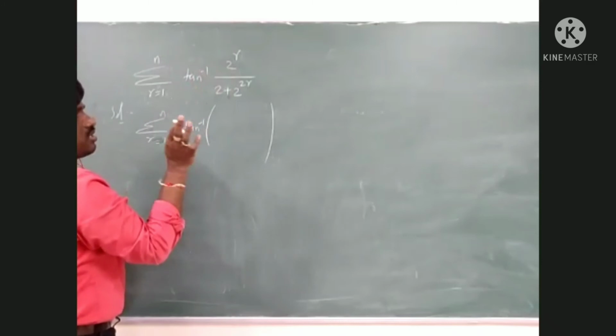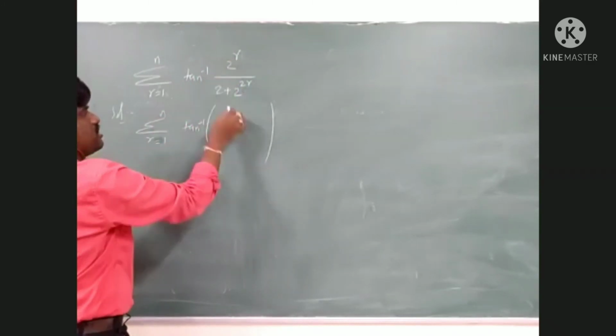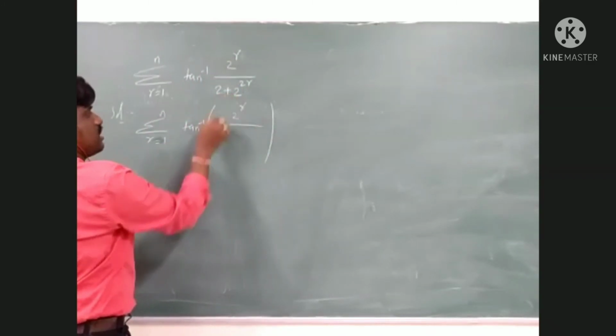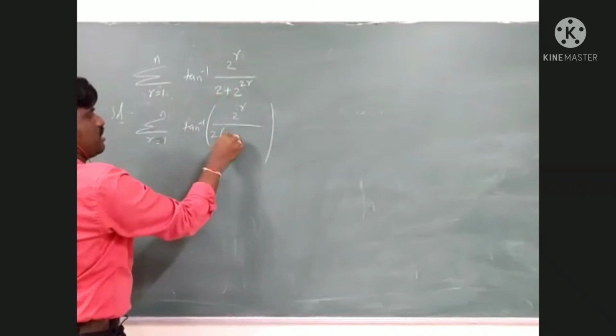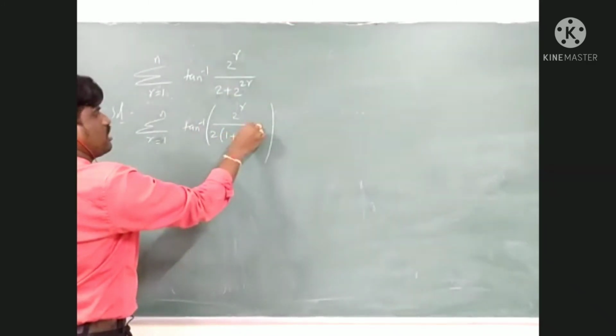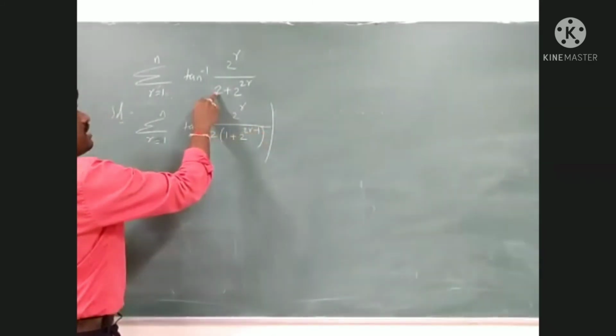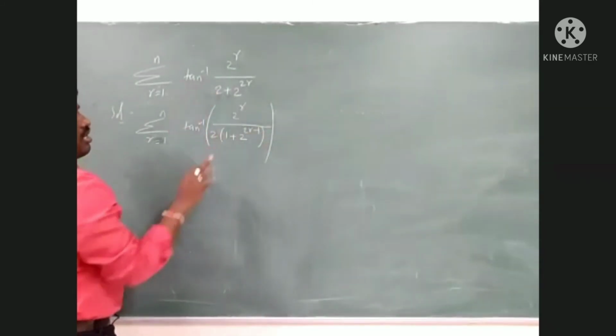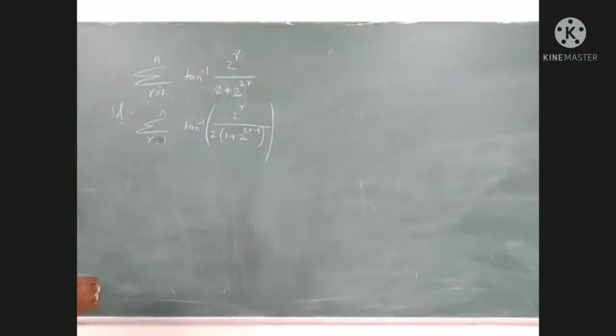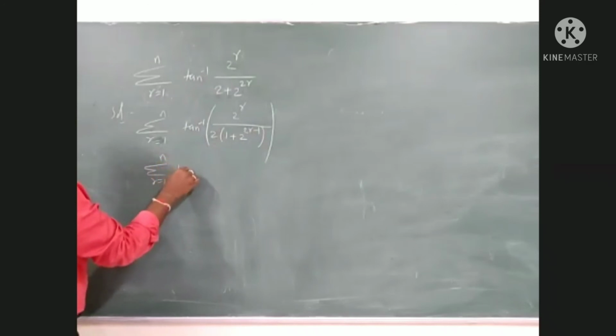That is not correct, because this is an exponential, 2 power r. Let us take 2 common in this. So 1 plus 2 to the power of 2r minus 1 I get. This is the right method. If anybody writes 2 as 1 plus 1, it's a wrong method. Okay, sigma r is equal to 1 to n tan inverse.